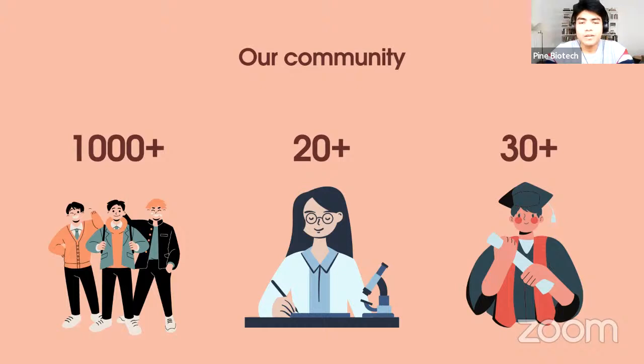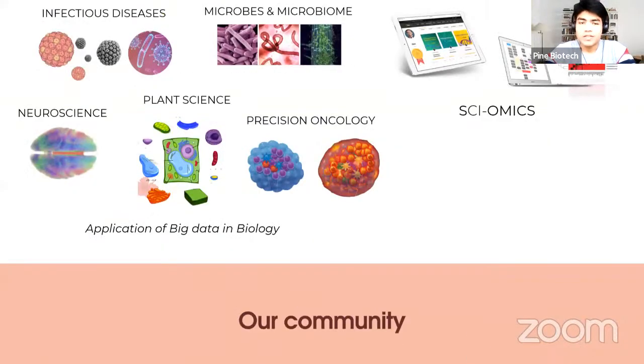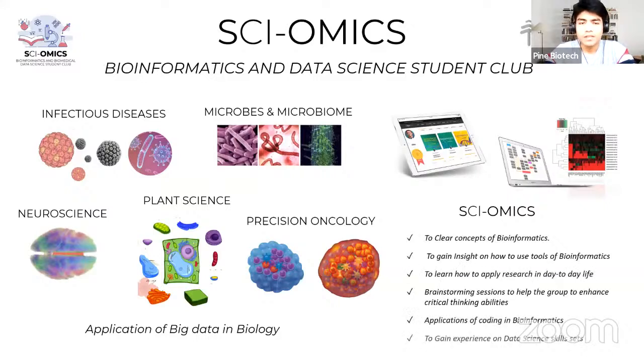And now they are making their mark in the world outside with their vast knowledge and expertise. SciOmics, as I mentioned, is a student club which is supported by Pine Biotech and OmicsLogic. The goal and the vision of this club is to clear the concepts of bioinformatics to help the students gain useful insights on how to use various bioinformatics tools that are rapidly growing in this era. Also, to learn how to apply these concepts in day to day life science research.